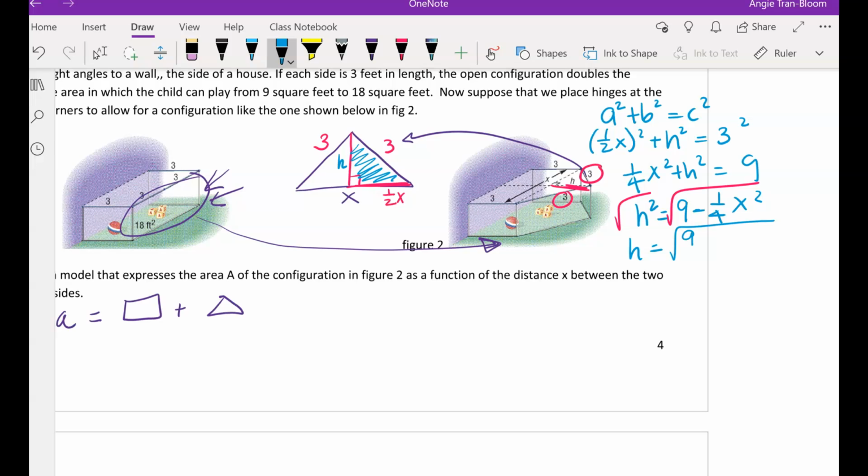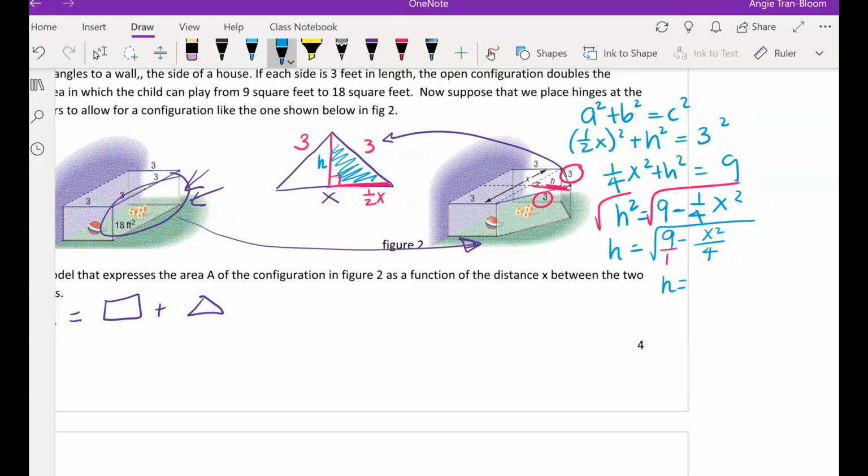But I will try to find the common denominator. So this is now 9 minus x squared over 4. I want to find the common denominator so that my numbers are a little bit friendlier. So I'm going to make the 9 over 1.